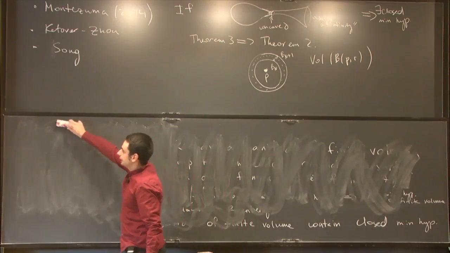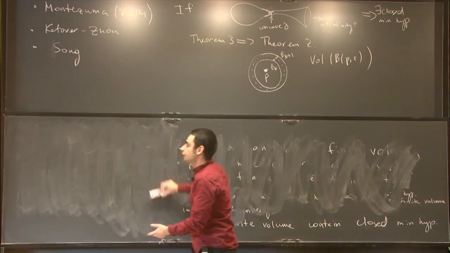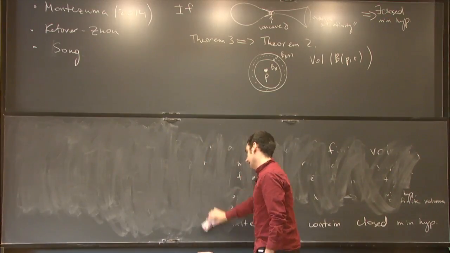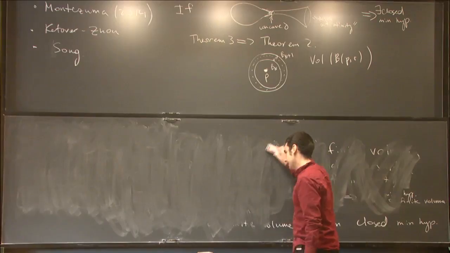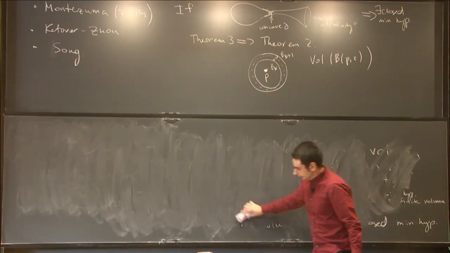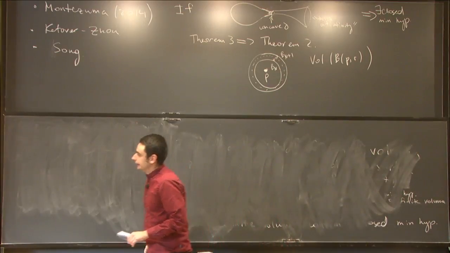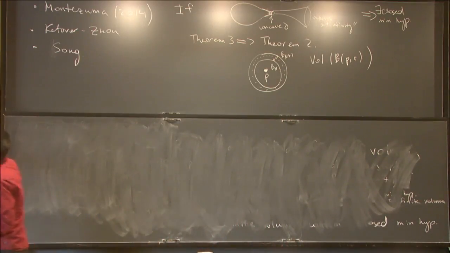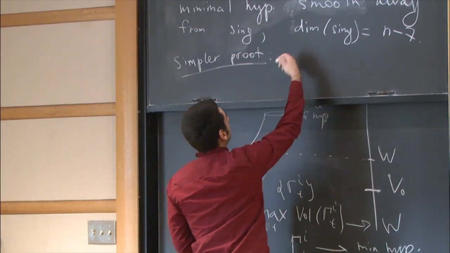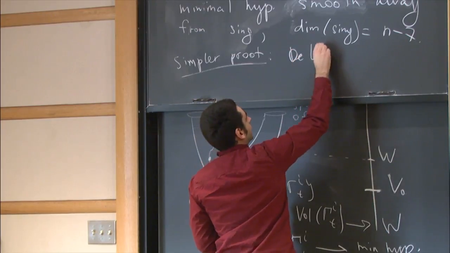So the compact case, the proof of that is contained in the book of Pitts and in the paper of Schoen and Simon. But it is quite an undertaking to read them, and I strongly recommend someone who is interested in construction of minimal hypersurfaces using min-max methods to read a simpler proof by Colding and De Lellis.